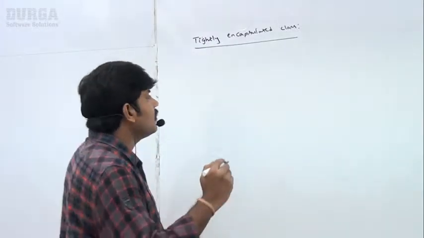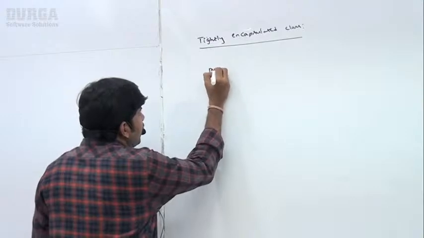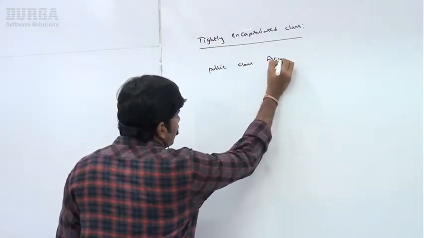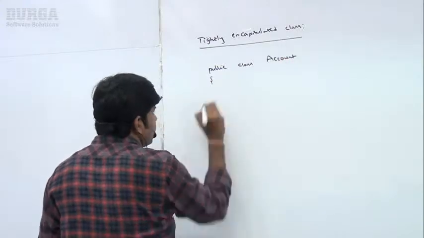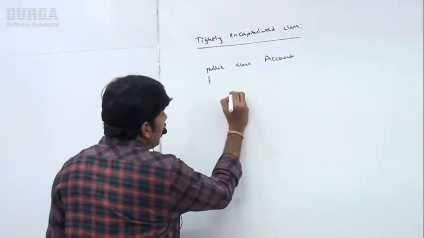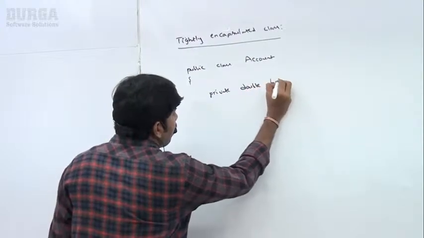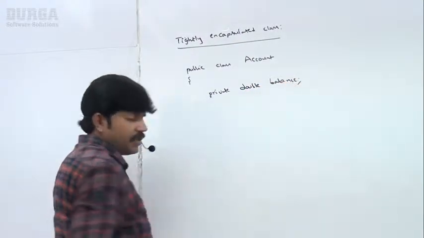Sir, best example here, if I consider public class Account. Now I'm taking a private double balance variable.